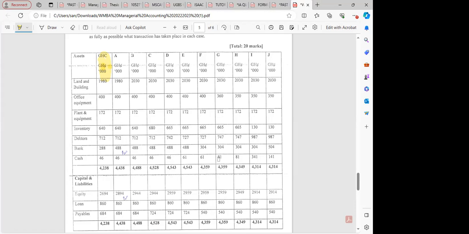Right. So what is happening? You have office equipment. You have sold 40,000. 20,000 of it is on credit, and then 20,000 of it was received in cash.